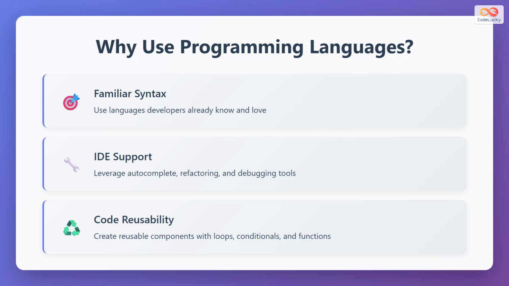Third, code reusability enables you to create reusable components with loops, conditionals, and functions, making it easy to avoid repetition and create flexible, maintainable infrastructure definitions. These programming language features make infrastructure code more expressive, maintainable, and less error-prone.